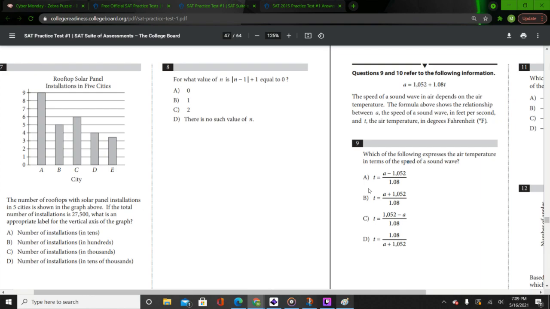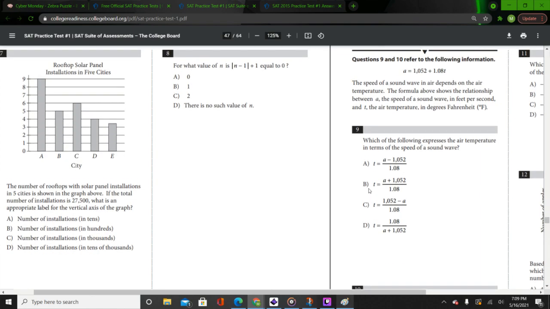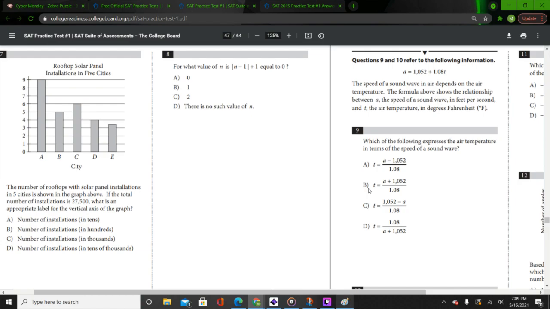I misclicked it. The speed of a sound wave in air depends on the air temperature. The formula above shows the relationship between A, the speed of the sound wave, in feet per second, and T, the air temperature, in degrees Fahrenheit.